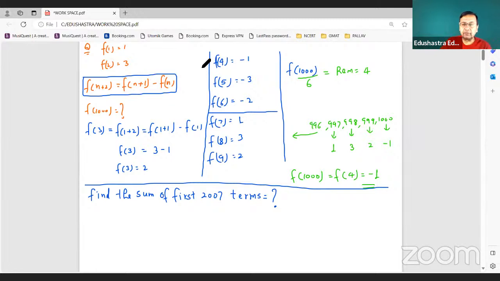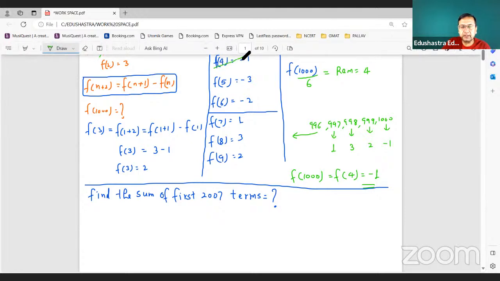Okay, so same pattern. We know the function is showing a cyclic pattern of 6 steps, and we are adding the terms now, right? So F1 plus F2 plus F3 and so on till 2007 terms. F1 is plus 1, F4 is minus 1, so this value will cancel this value.